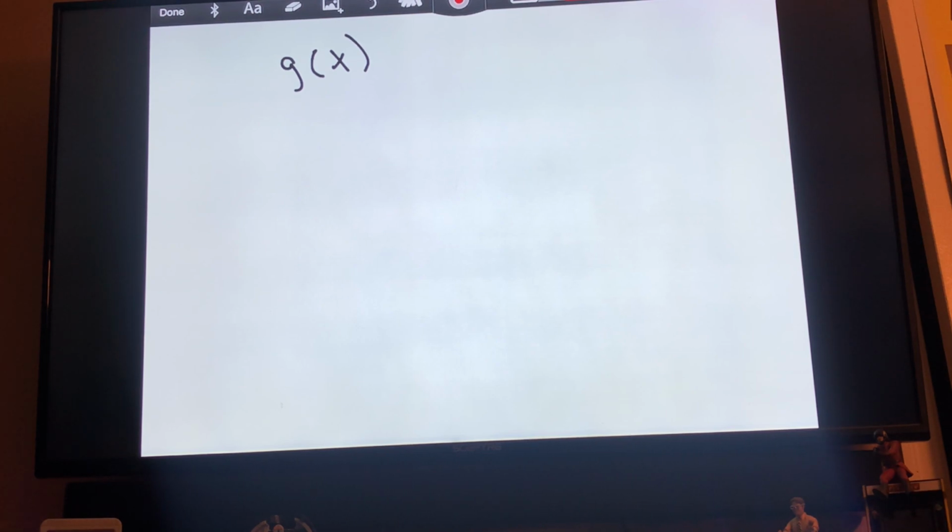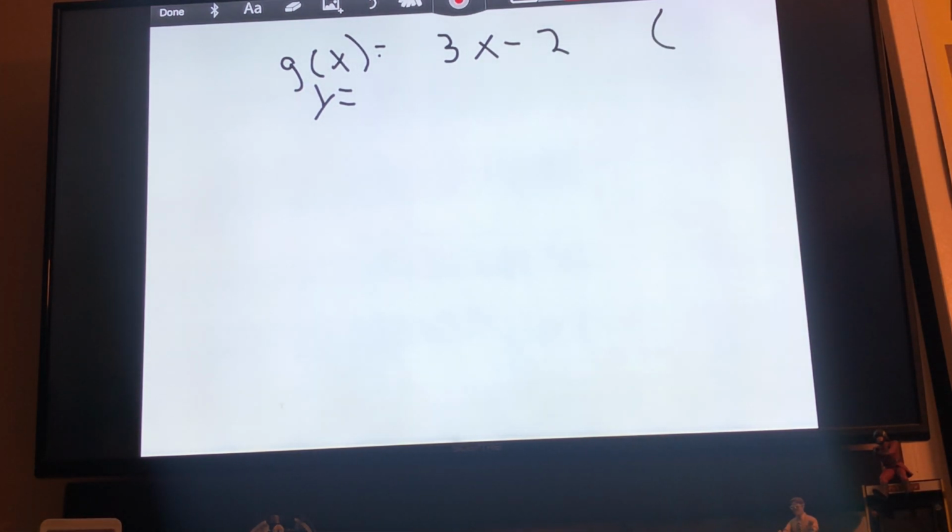Alright, so, like I said, it also can stand for y equals. Okay, so we're given g of x equals 3x minus 2. But this time we're given 3 different functions. So, negative 3. Here's what I want you guys to see, okay?